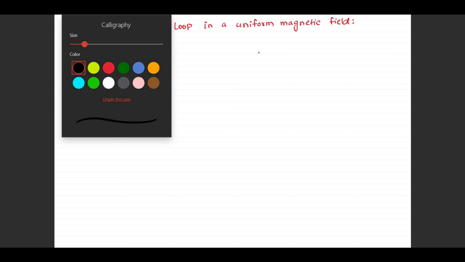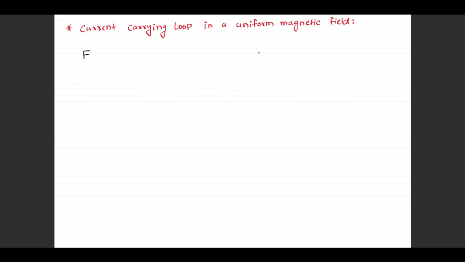So just like we have discussed electric dipole in a uniform electric field, we can say current carrying loop in a uniform magnetic field: first of all, net force will be 0.